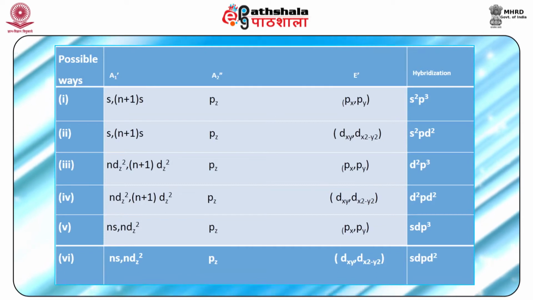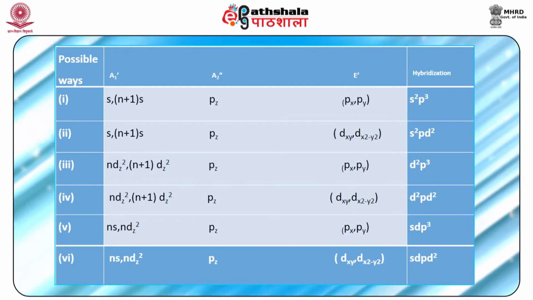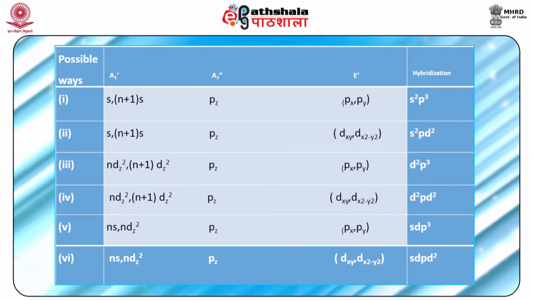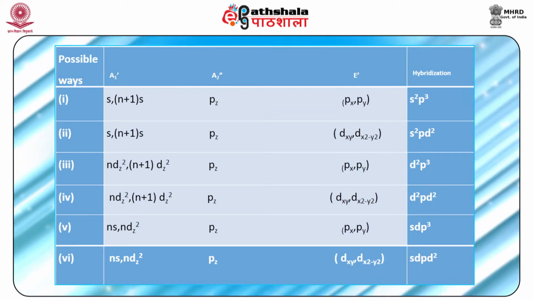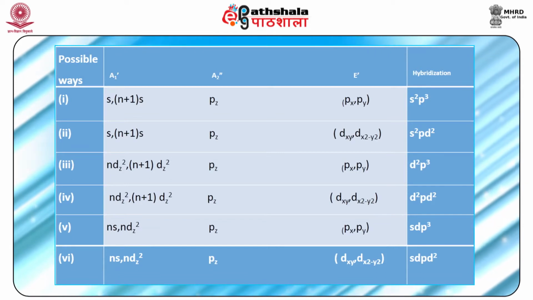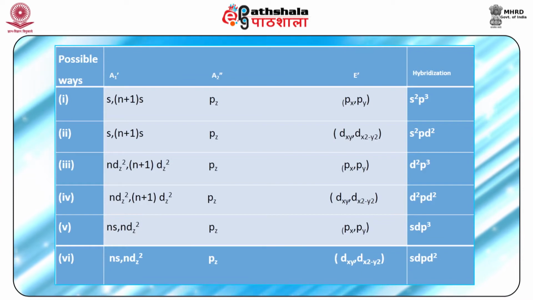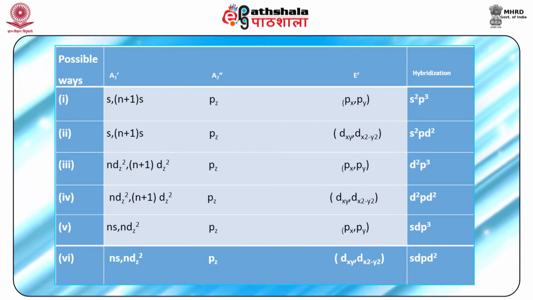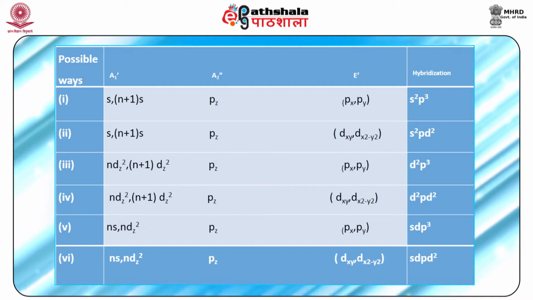as: number 1, ns, n plus 1 s, pz, px, py, that is s2p3. Second combination, ns, n plus 1 s, pz, dxy, dx square minus y square, s2pd2. Third combination, nz square, n plus 1 z square, pz, px, py, that is d2p3.